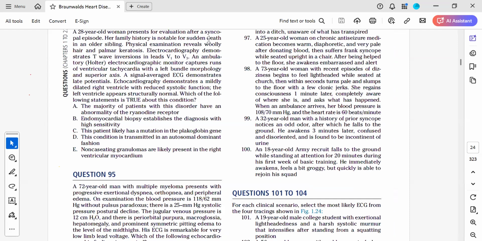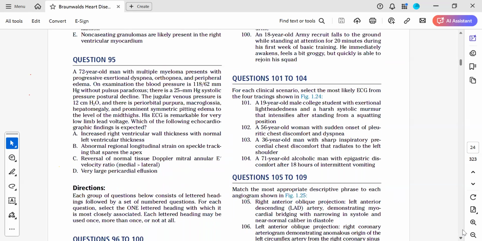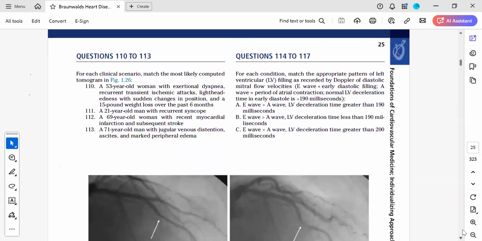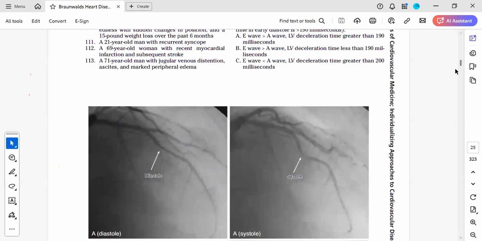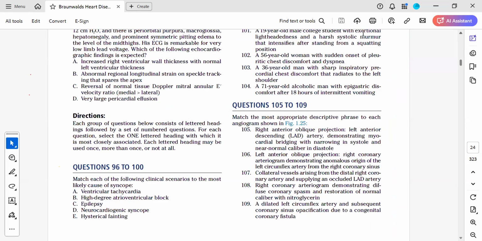So questions 105 to 109 relate to some images from coronary angiography that are attached below. So we are to match the most appropriate descriptive phrase to each of the angiograms shown in figure 1.25. So question 105 wants us to find an RAO, which is a right anterior oblique projection, which shows the left anterior descending artery, demonstrating myocardial bridging with narrowing in systole and near normal caliber in diastole.